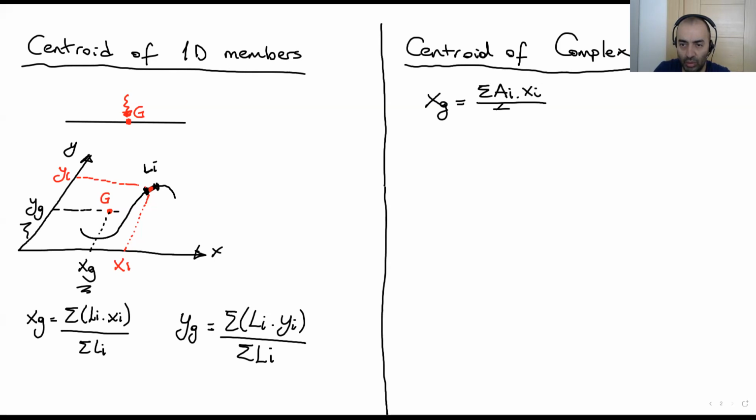And yg equals total ai times yi over total ai. By the way, this is the total and this is the total again. So this is the equation. So how can we convert this calculation to a table? Let me draw you a table here.